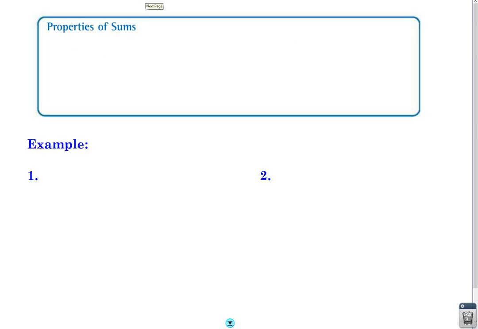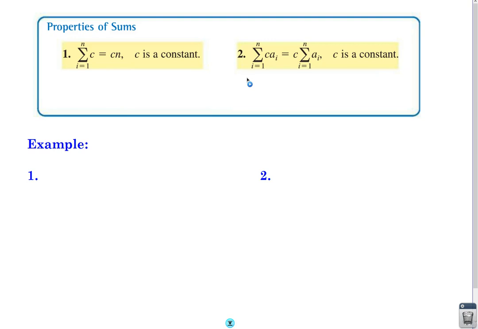Okay. Other properties of sums that we want to make sure that we talk about. Okay, this first one you kind of have already seen a little bit here. Okay, we did this, where c is a constant. The sum of this is just cn. Okay. Now another property is that because c is a constant, a sub i represents some function that you are finding the summation of.